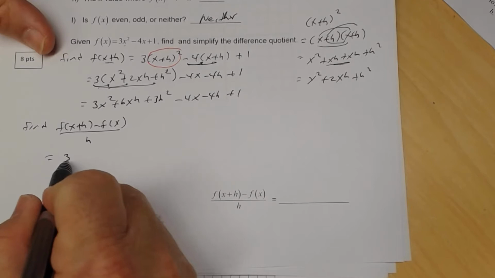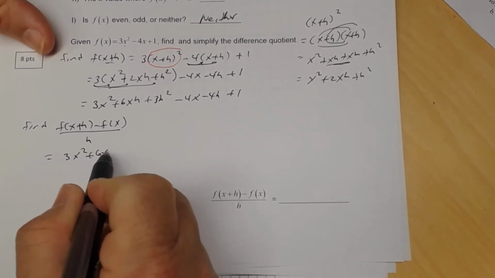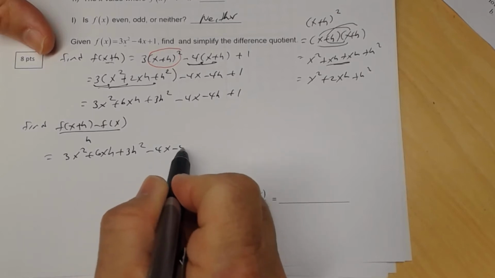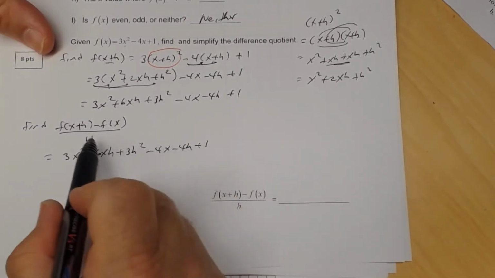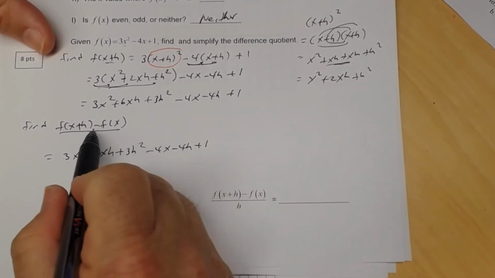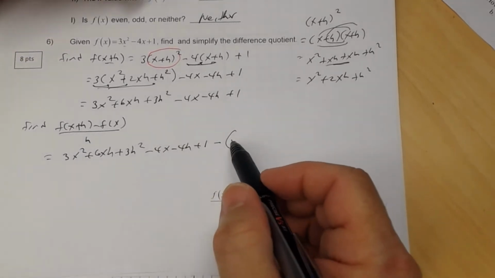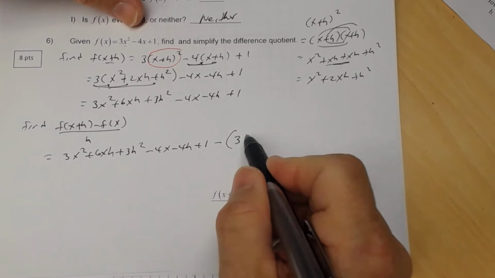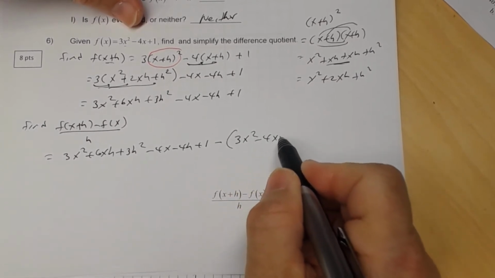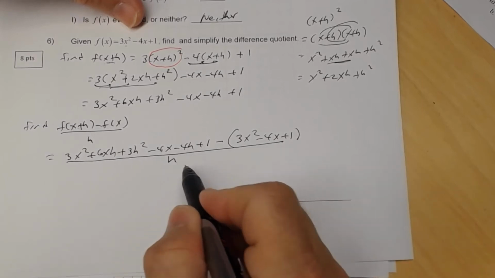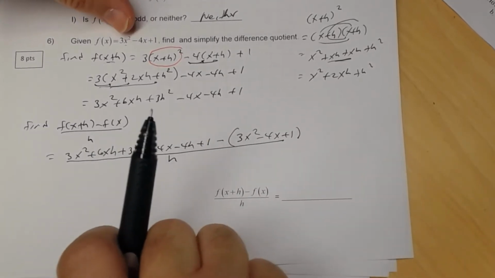So I get 3x squared plus 6xh plus 3h squared minus 4x minus 4h plus 1. Remember, that is this. But then I got to subtract the function. So I got to subtract, and you got to put the function in parentheses. So that's 3x squared minus 4x plus 1. All that's being divided by h. So remember, those are the steps you got to show.